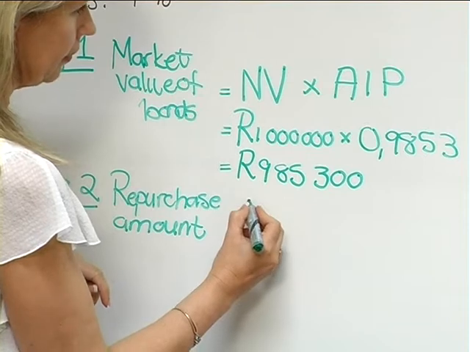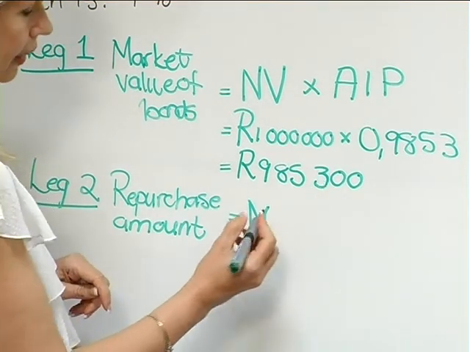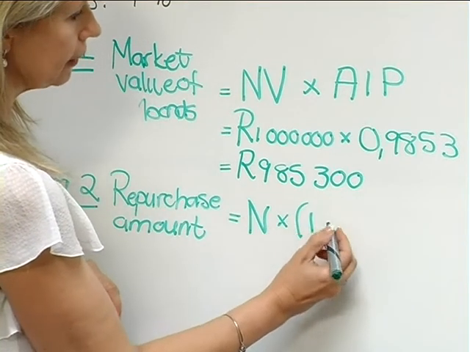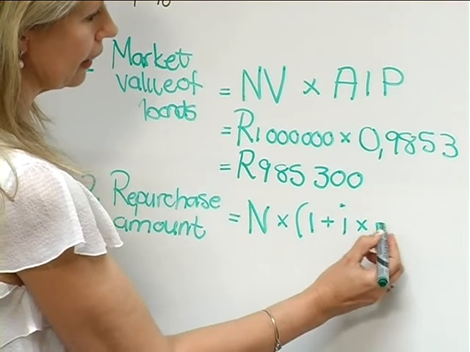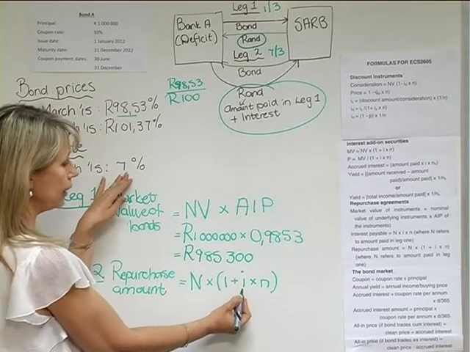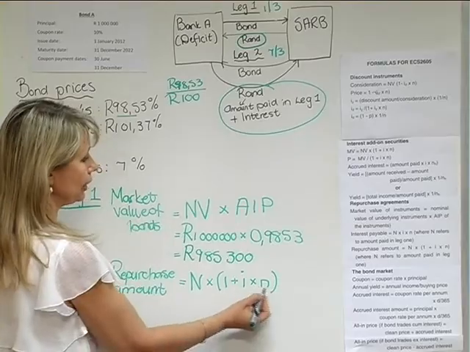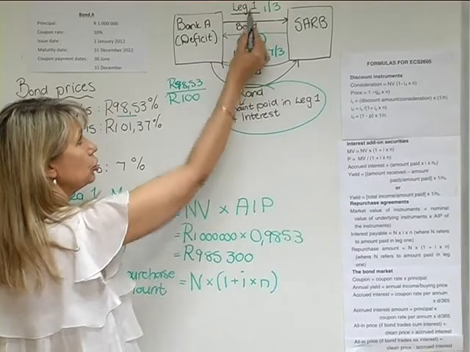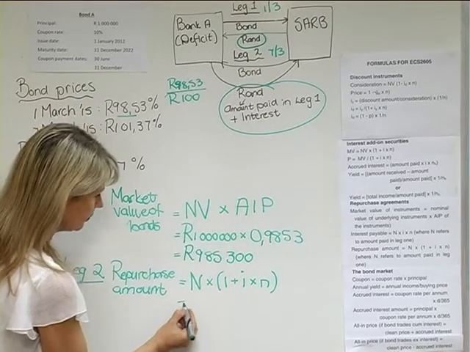It is N, which is going to be the market value in leg 1, times 1 plus I times N. And this I refers to the repo rate at which the Reserve Bank conducted this transaction, and N will refer to the number of days between the two legs, in other words, 7 days.